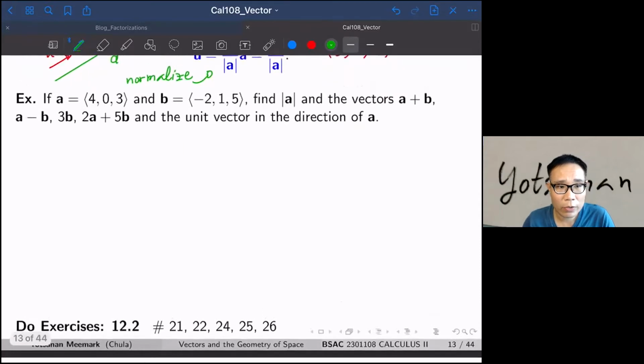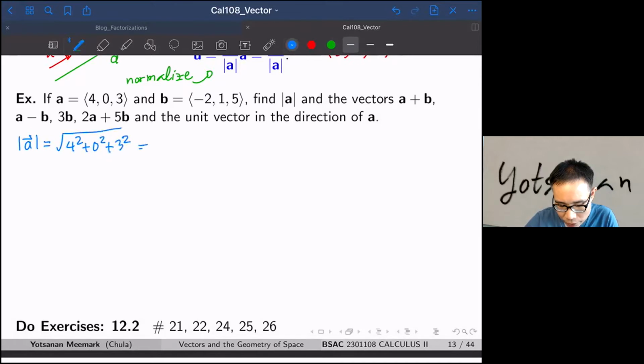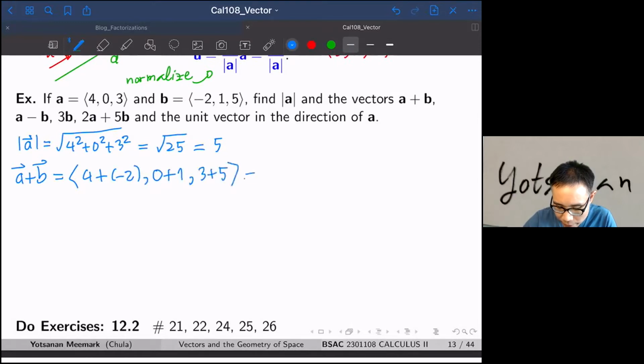You have A equal to <4, 0, 3>, B equal to <-2, 1, 5>. We'd like to find norm A. It's going to be the square root of 4 squared plus 0 squared plus 3 squared, so the square root of 25, which is 5. And we'd like to find A plus B. It's going to be 4 plus negative 2, 0 plus 1, 3 plus 5, so it's going to be <2, 1, 8>.